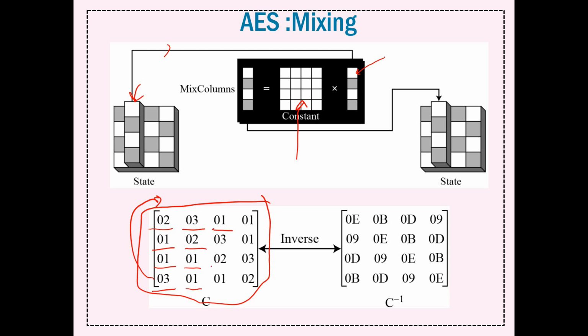Again, next one. 1, 3, 2, 1. 1, 1, 3, 2. So basically, there is a shifting that has taken place. But we don't need to bother with the template because this template is standard. So for each and every column, you take that column, you multiply it with this 4x4 template, and whatever results you are getting, you substitute to the first element over here, element wise. You can see this column is replaced by this column over here.